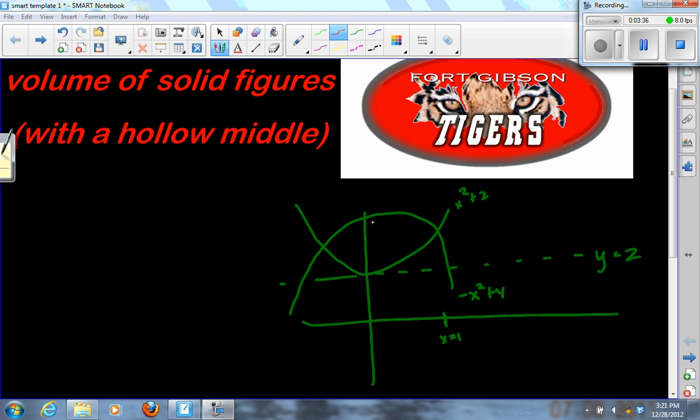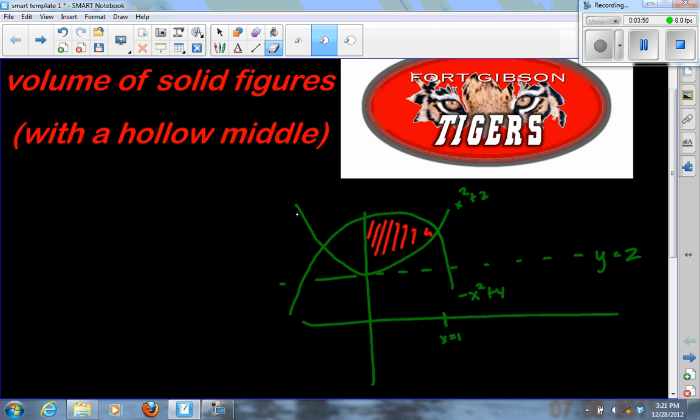Okay, so let's say I have, this is very crude, negative x squared plus 4 and x squared plus 2, and let's say I have this kind of strange looking shape. I'm going to bound this volume by the y-axis, and x equals 1 is where the intersection is, so I'm just going to ignore the rest of this, to make this easier to see. And I'm going to revolve this shape around the horizontal line y equals 2.